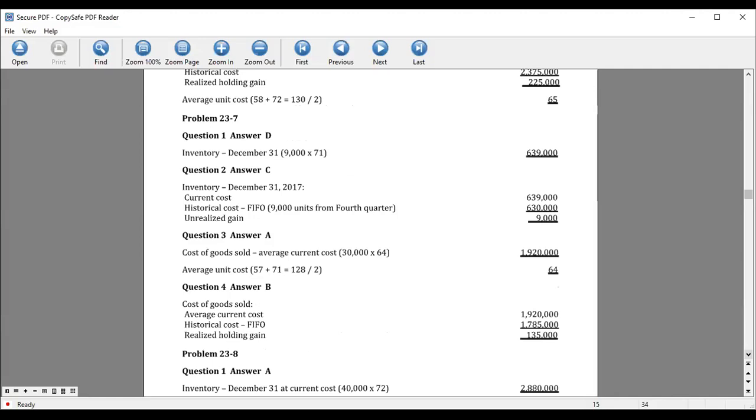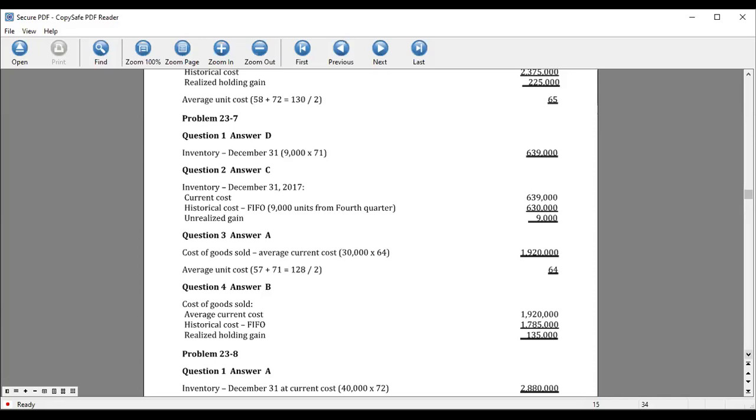If we add 71 and 57, the total divided by 2 gives us 64. And then we multiply it by the number of units sold. We get 1,920,000. In question number 4, the average current cost is 1,920,000.